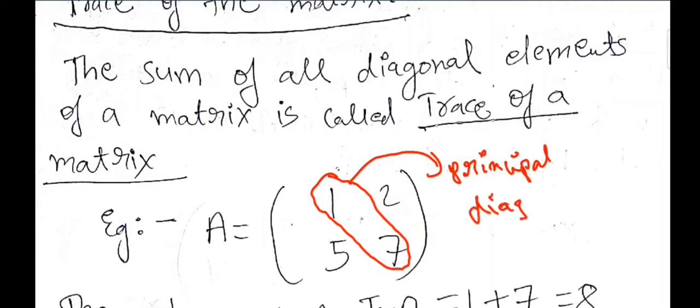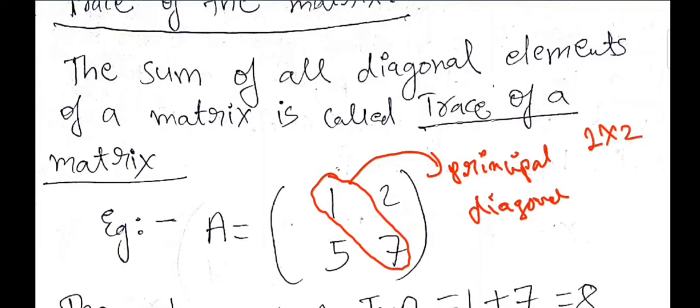Now in order to determine the principal diagonal, we need to keep one thing in mind: these matrices must be square matrices. If the matrices are not square matrices, then the principal diagonal can't be determined. Square matrix means what kind of matrix?